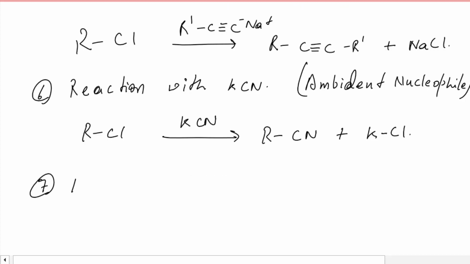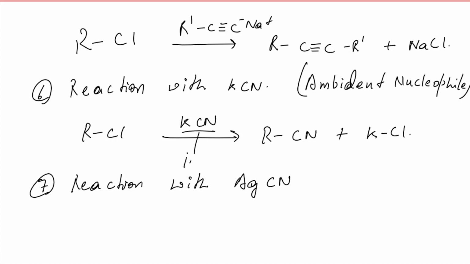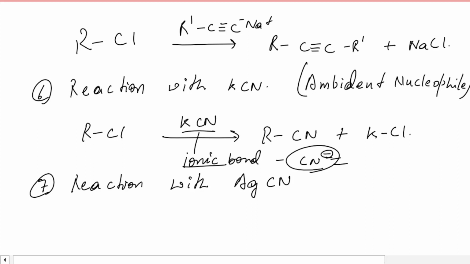Next is reaction with AgCN. Then what happens here is that an ionic bond leads to the formation of CN⁻ ion, because of which RCN is formed.